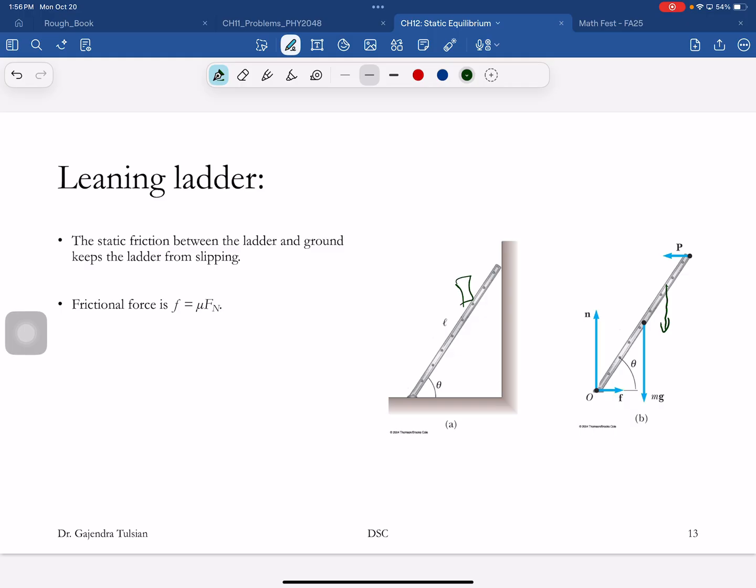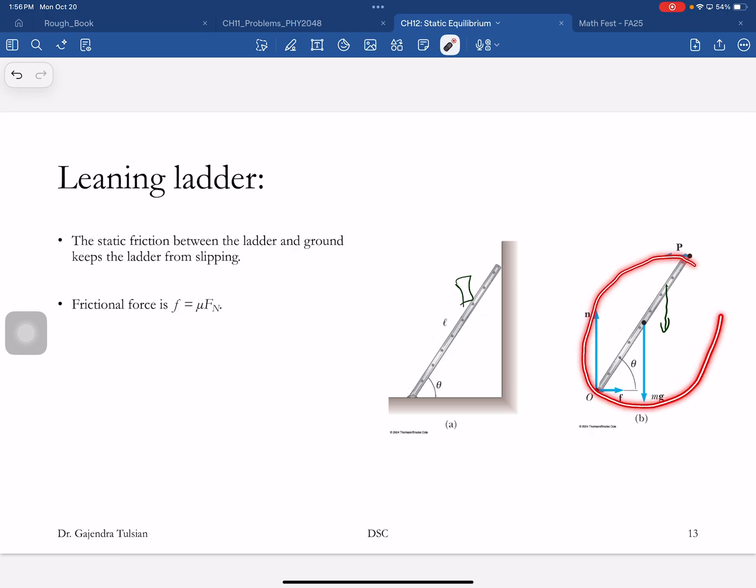And what can happen is as you're climbing up, the ladder will want to slip in that direction, and that's why you have a boot there, which is providing you friction forces. So those will be all the forces acting on the ladder, and you make sure that this doesn't slip and so on.